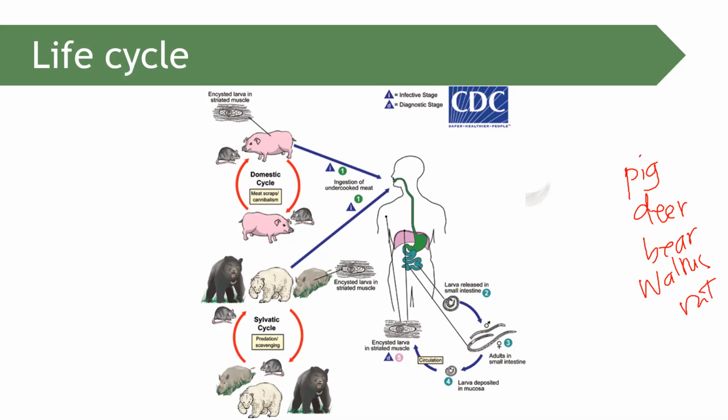Those are the common ones. Man becomes an accidental host if he consumes undercooked meat of the pig, or if the man eats wild boars or bears.